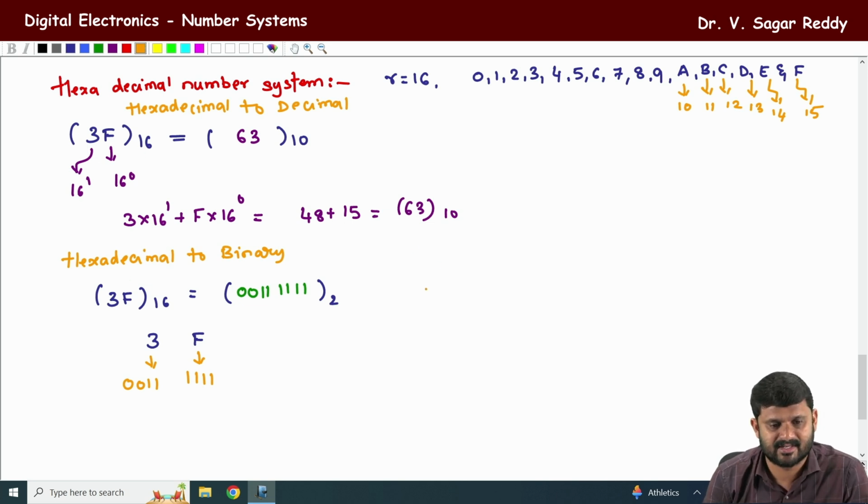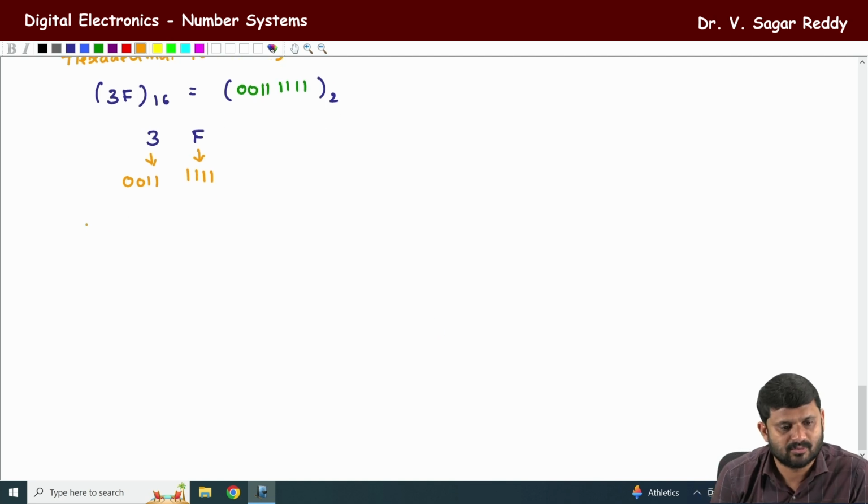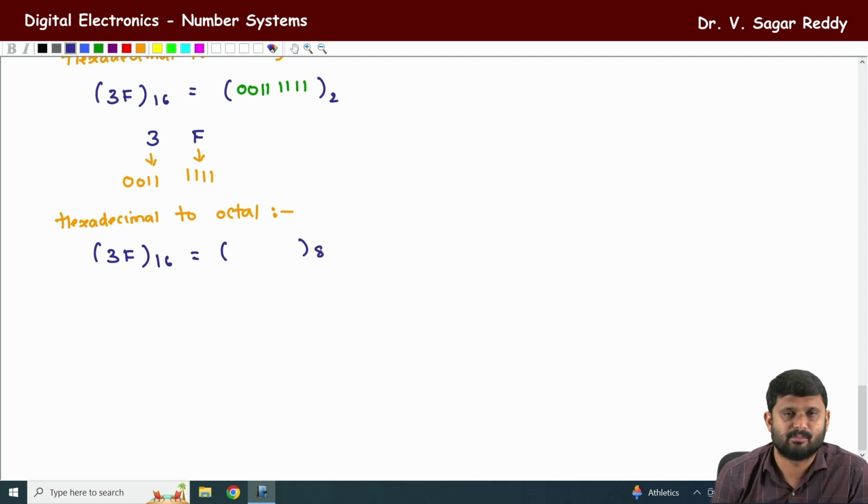Now I'll convert this hexadecimal to the octal number system. Hexadecimal to octal. We'll take the same example, 3F. Now I want to convert this into an octal number. If you want to convert hexadecimal to octal, we have to follow 2 steps.